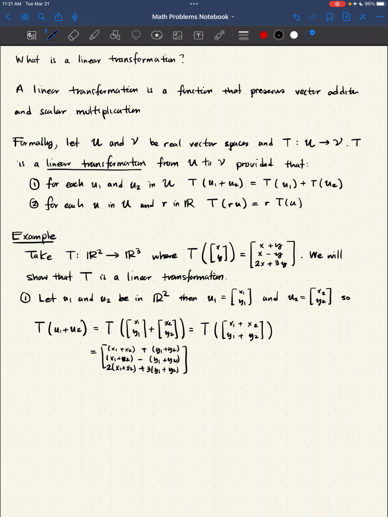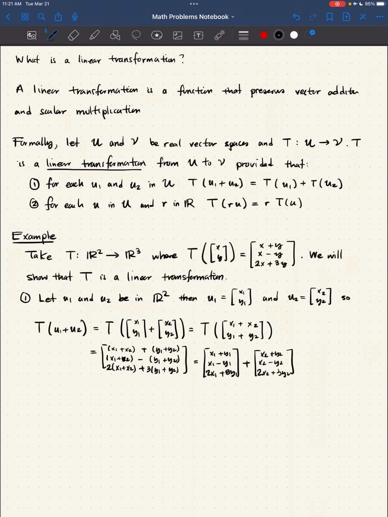But then this one, we may also rewrite in the following way. We can decompose it as x1 plus y1, x1 minus y1, 2x1 plus 3y1, plus x2 plus y2, x2 minus y2, 2x2 plus 3y2.